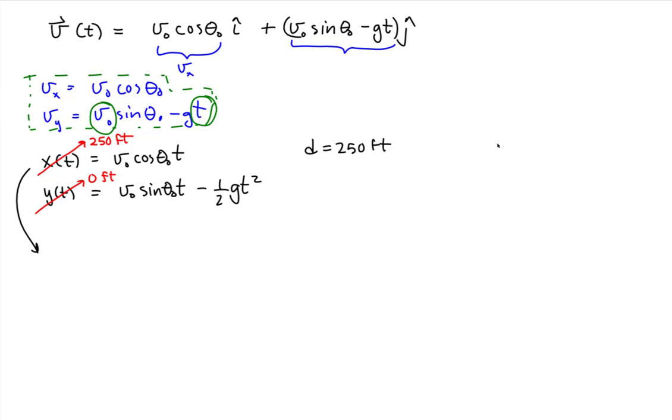So this means we have d equals v naught cosine theta naught t, and we have for the y component 0 equals v naught sine theta naught t minus 1/2 g t squared.